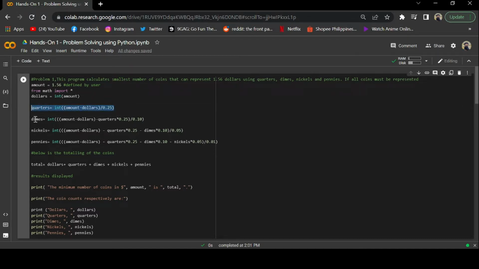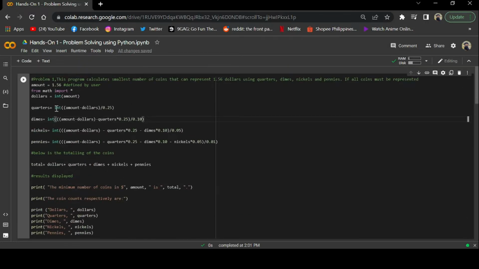Dime is equal to int amount minus dollar, same here, but we're gonna minus quarters. Dimes are smaller than quarters in amount, equals 0.10 or 10 cents, and we're using USD currency. So we divide that by dimes.